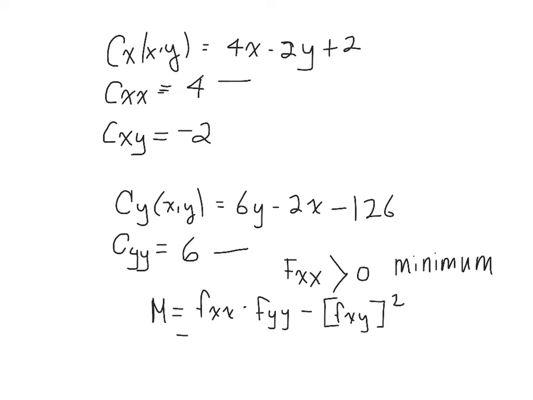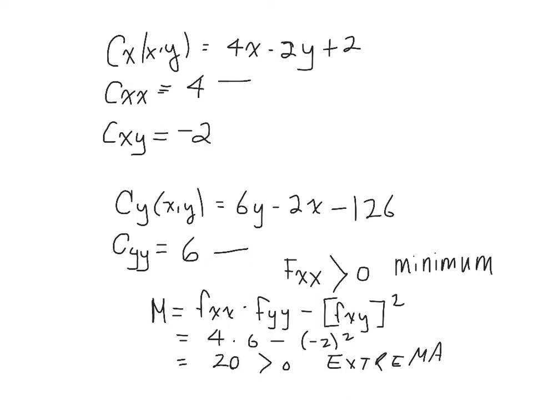And we should say that we have 4 times 6 minus 2 all squared. So we're going to have minus 4. 24 minus 4 is 20. It's greater than 0. It means we have an extrema of some sort.